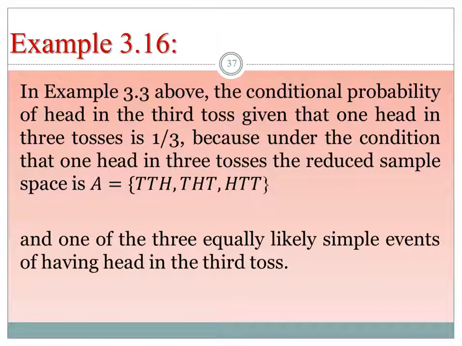So this is a simple example, example 3.3. We toss a coin 3 times. The conditional probability of a head in the third toss, given that there is one head in 3 tosses, is 1 over 3.